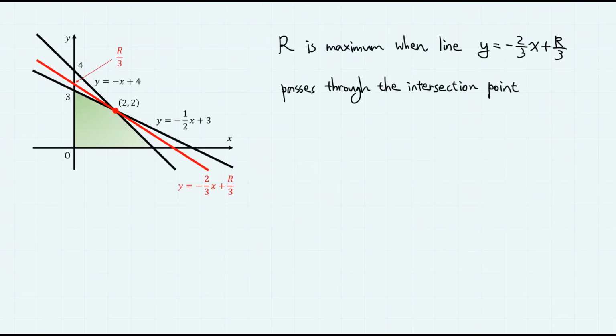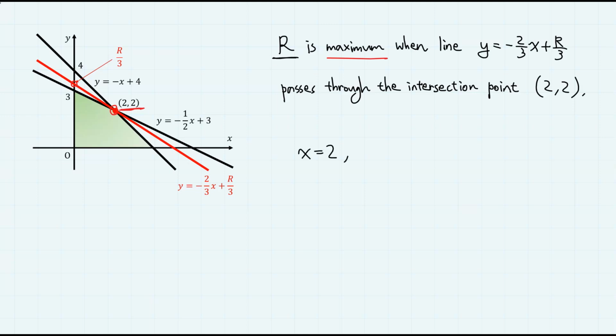Well, you can easily find out that the y-intercept becomes maximum when the red line y equals negative 2/3 x plus R over 3 passes through the intersection point between two lines y equals negative 1/2 x plus 3 and y equals minus x plus 4, which is (2, 2). So this is the case where the revenue R becomes maximum.